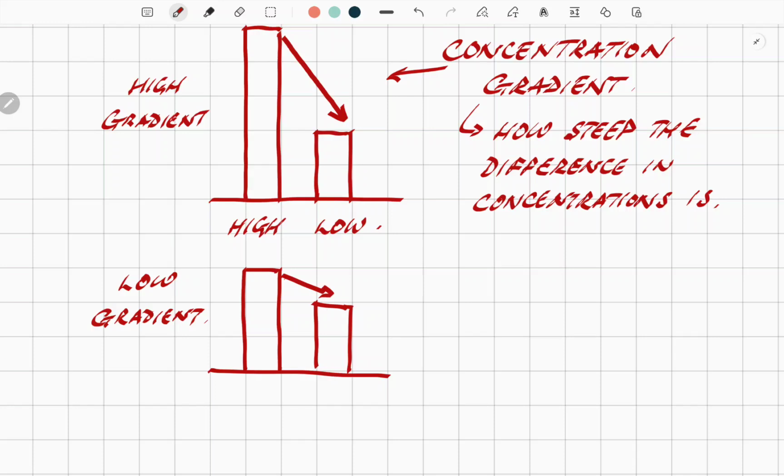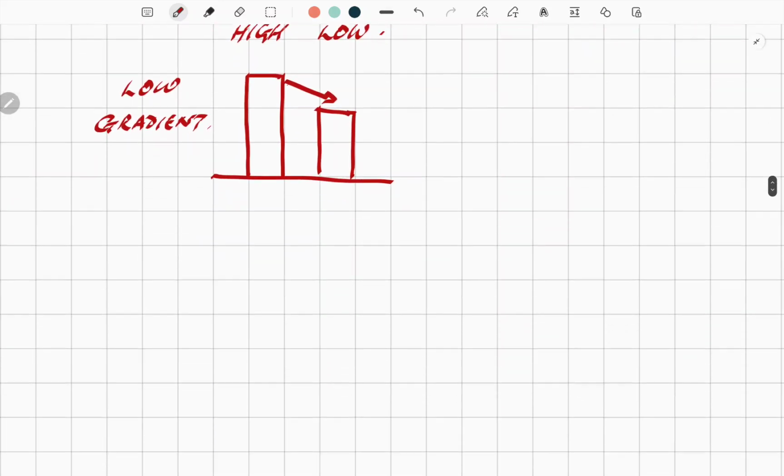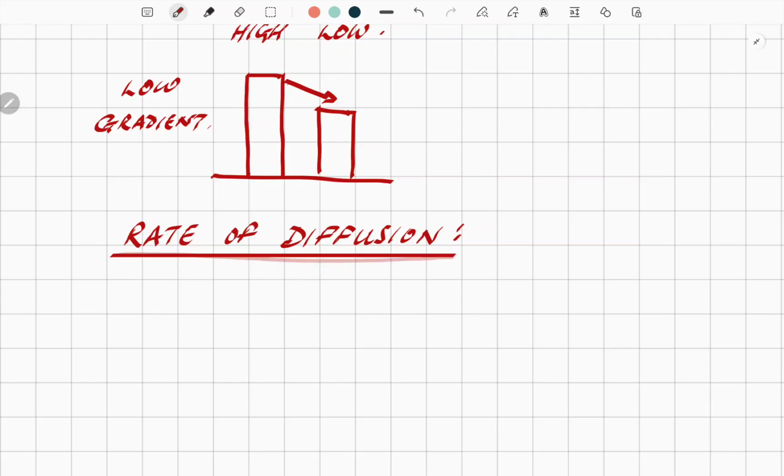Right, that brings me on to the next thing that always comes up in questions, the three things effectively that mainly affect rate of diffusion. First one, as we've just seen, the concentration gradient. I'm going to write conc for short. I've written out concentration like 20 times already.